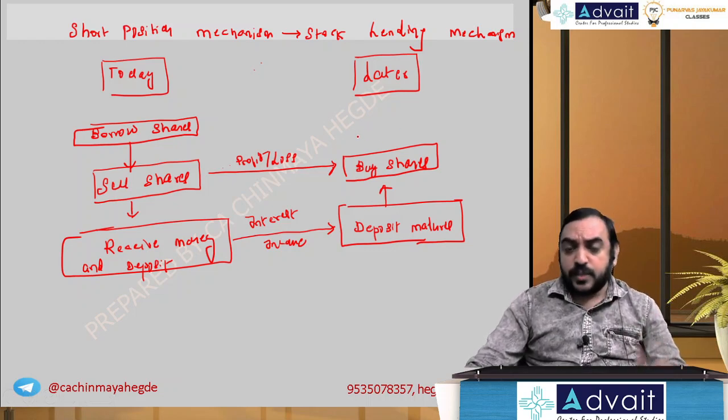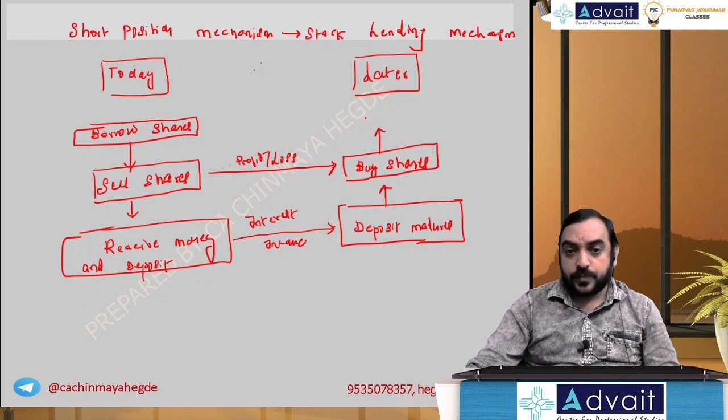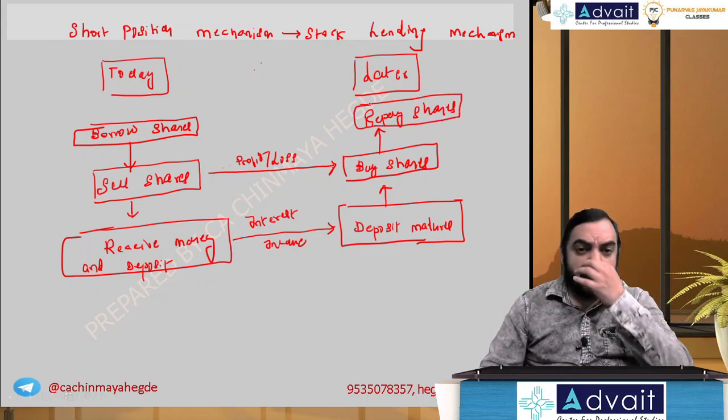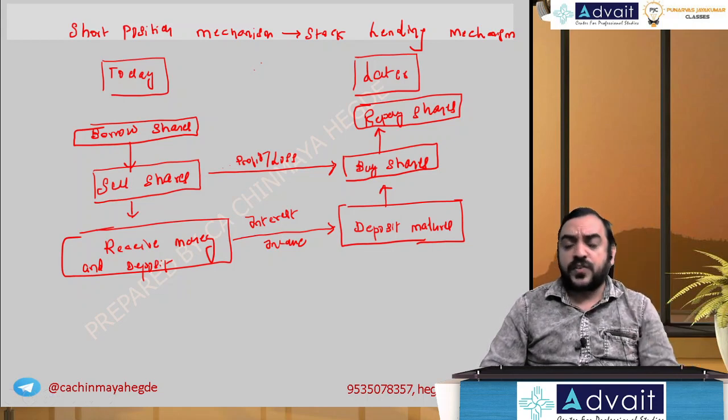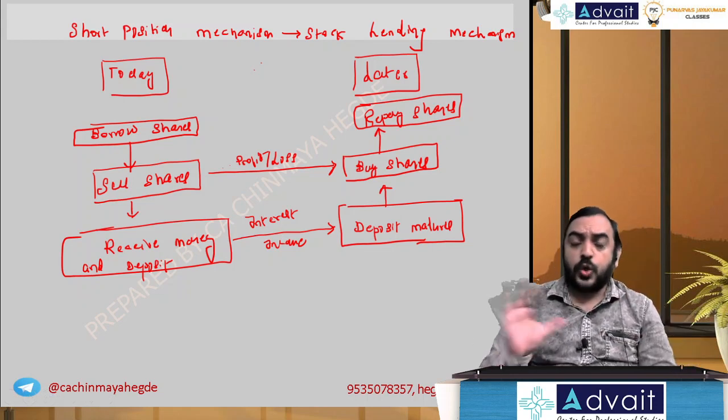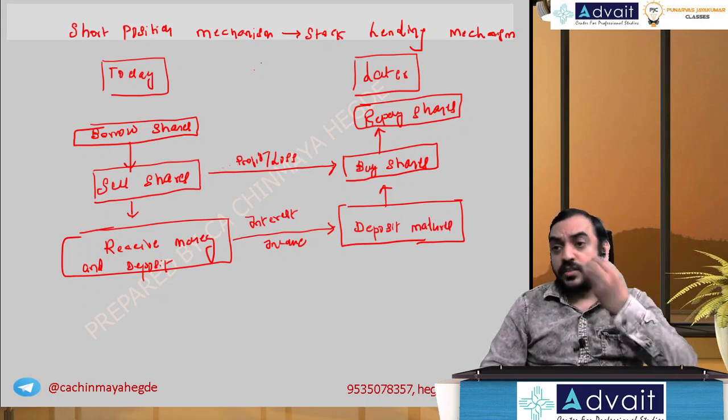And once I buy the shares, I'm going to repay the shares. What is the advantage for the lender? Should I pay any interest here? No. With money, I pay interest for borrowing because of the time value of money.